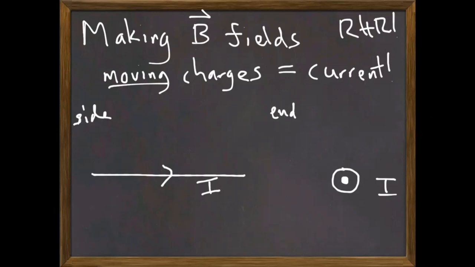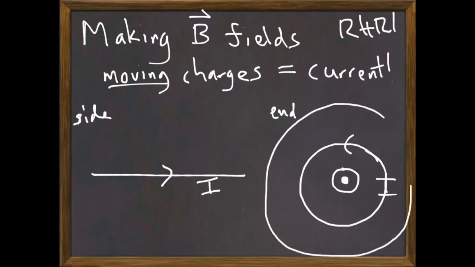And so that's easiest to see on the end view. Over here, I have my thumb, my right thumb sticking out, and my fingers are curling counterclockwise around. And that means my magnetic field lines are circulating that way. Now, if I'm looking at it from the side, above the wire, the magnetic field is coming out at me.